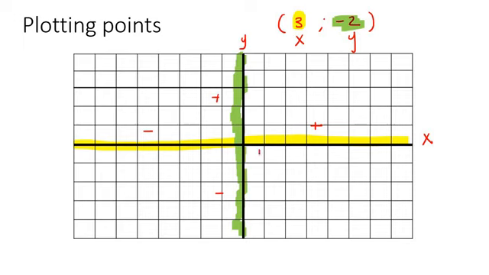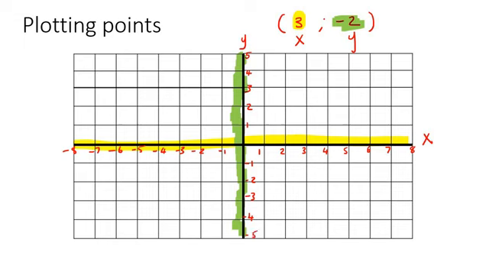So, for example, this could be 1, 2, 3, 4, 5, 6, 7, 8 for the x values, and then this will be minus 1, minus 2, minus 3, minus 4, minus 5, minus 6, minus 7, minus 8. And for the y values, when you go up, that's positive. So 2, 3, 4, 5, and then minus 1, minus 2, minus 3, minus 4, minus 5.